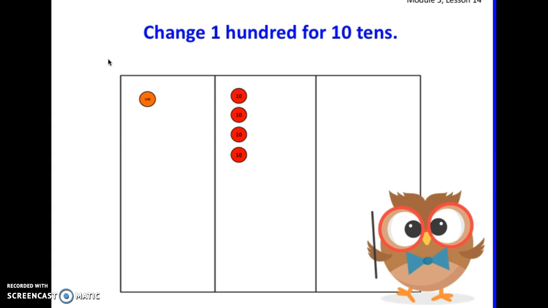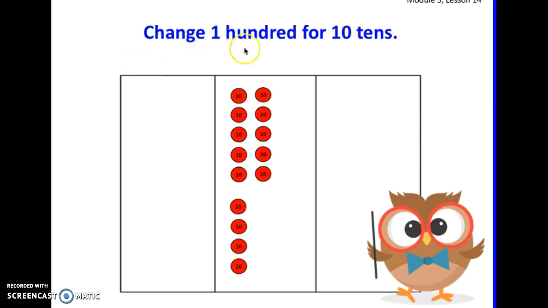That's right. I have to unbundle. I'm going to take that 100 apart, and if I take it apart, there are 10 tens in 100. So I'm going to erase that 100 and I'm going to add 10 tens here. Look at this. This still says 140.